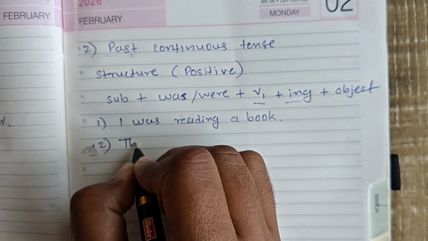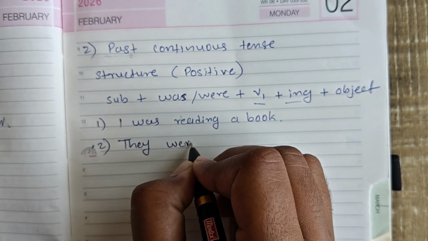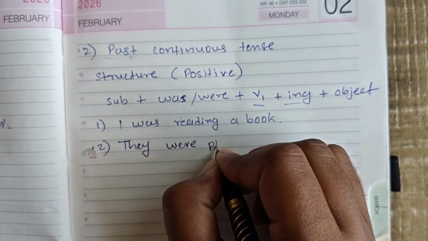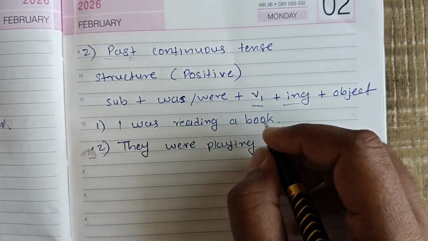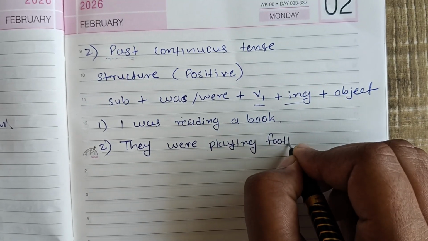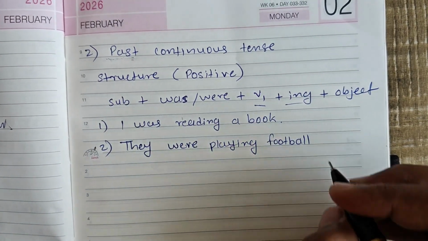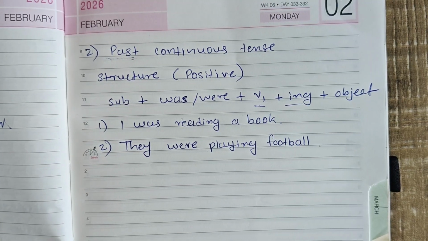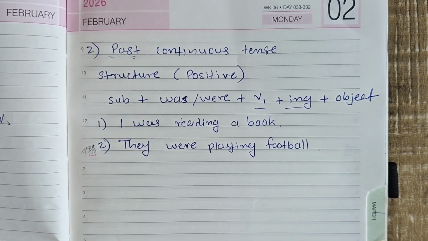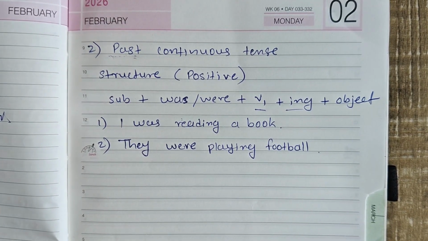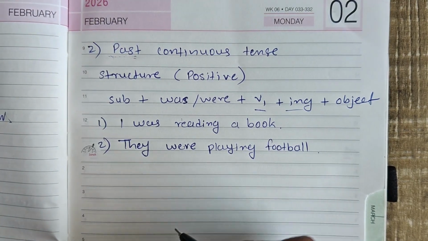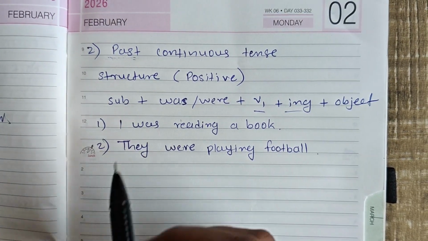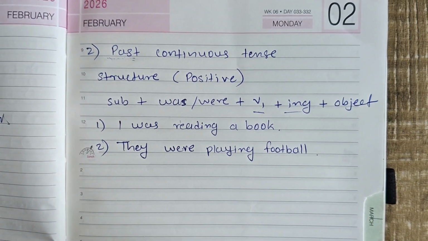Let's see one more example. They were playing football. They were playing football. What they were doing, they were playing football. Now I will tell you when we will use was and when we will use were.